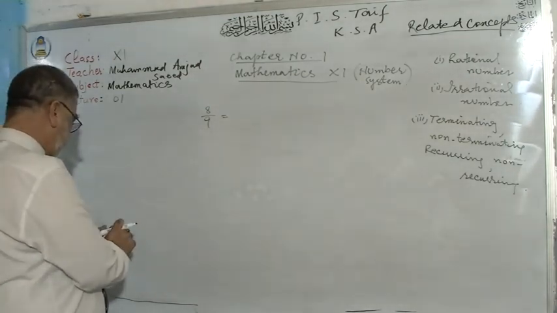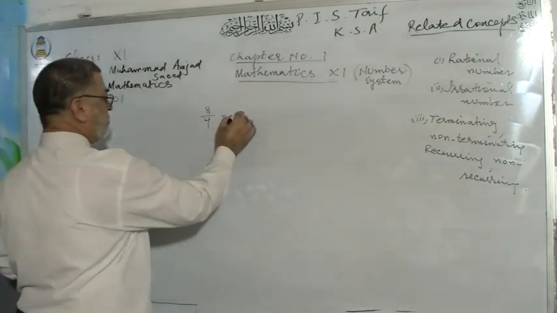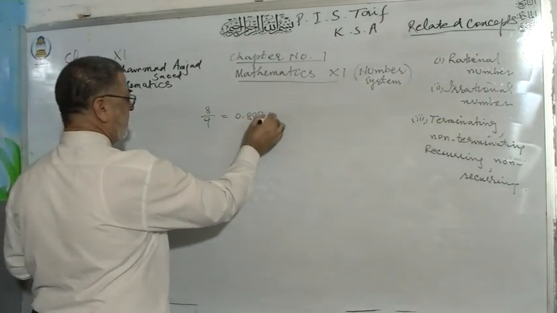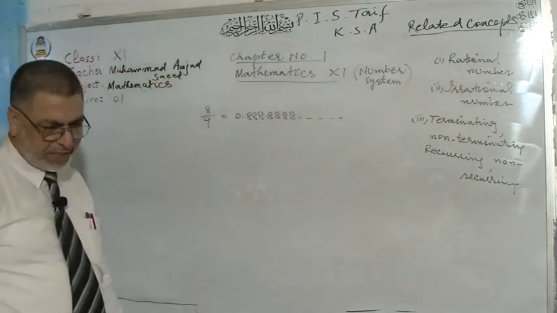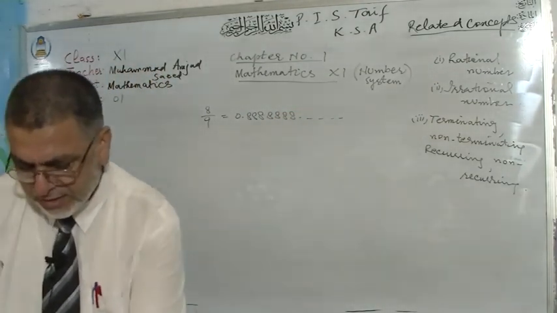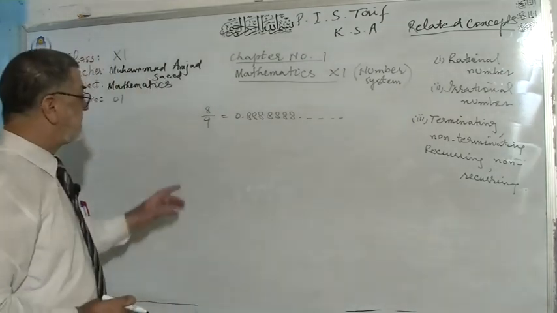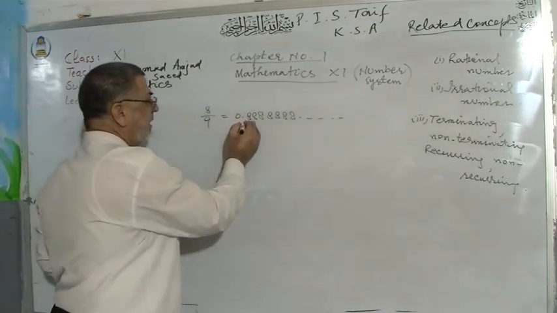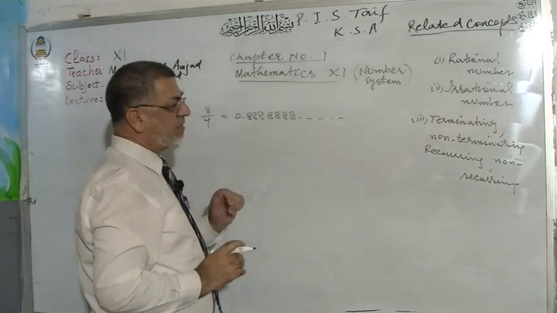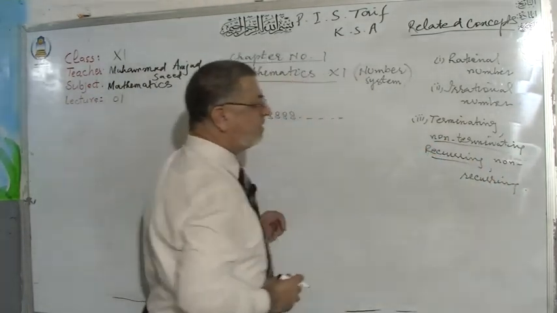This is 8 divided by 9. It will be 0.88888888 and so on. Remember that you can check. Here it is indefinitely repeating. This is non-terminating and also recurring.